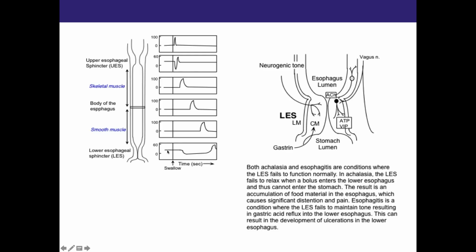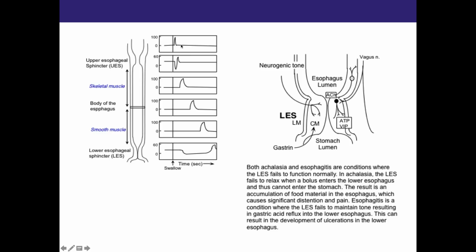So when food enters into this upper area, where my arrow is, it causes an increase in pressure, and then as it slides through, you can see the pressure decrease back to its original value.